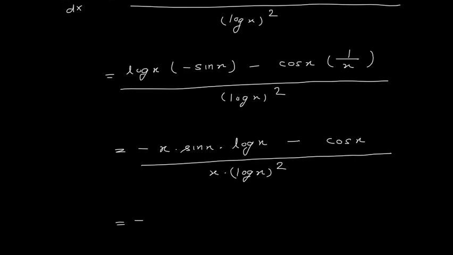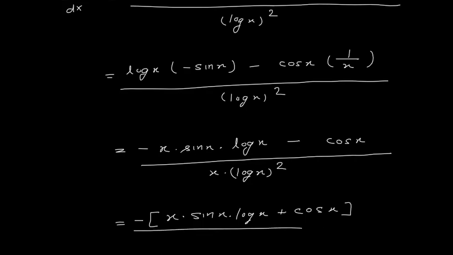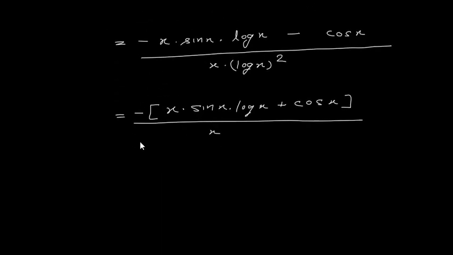So take this minus sign out. Here we have x into sin x into log x minus, it will become plus cos x, that divided by x into log x the whole square. Done.